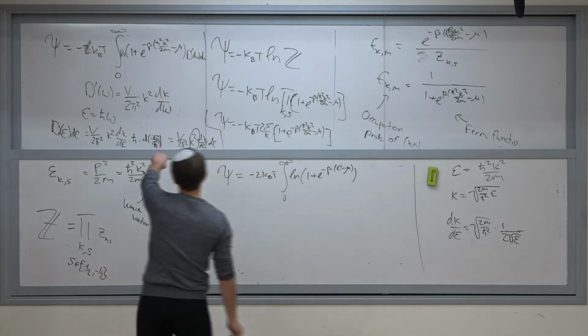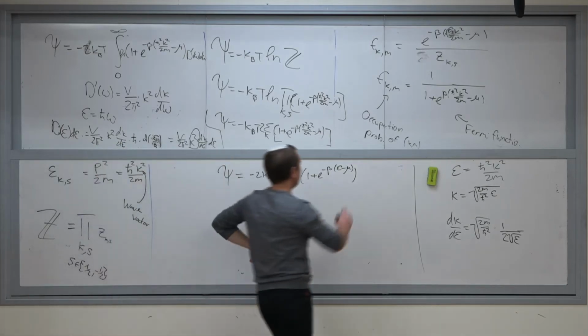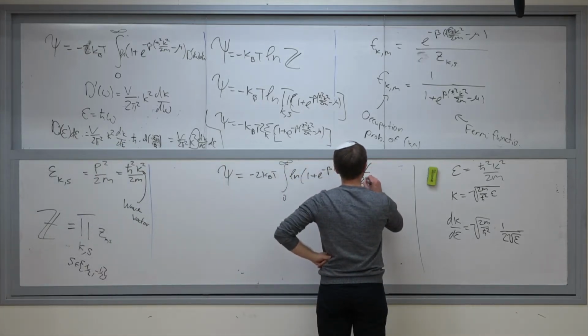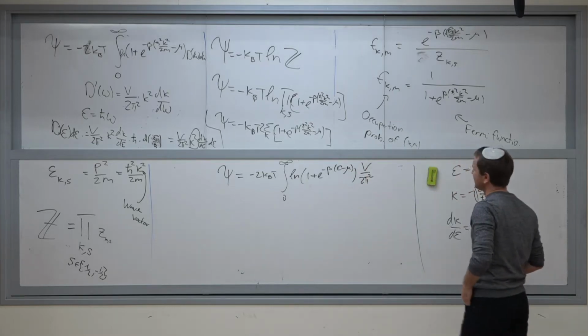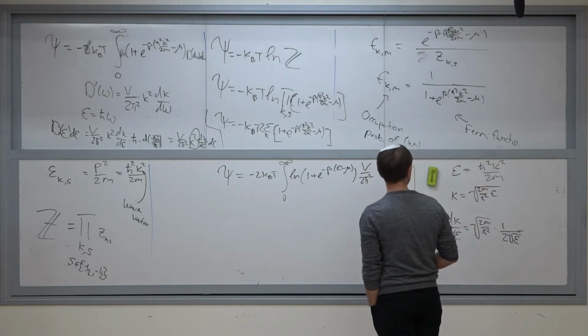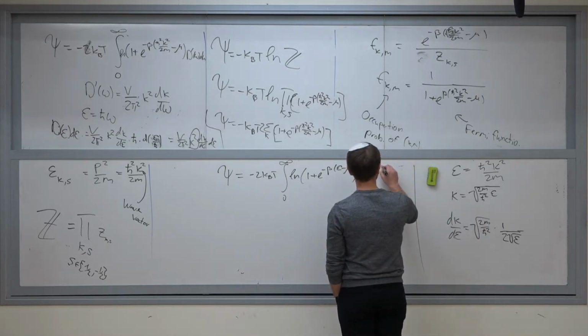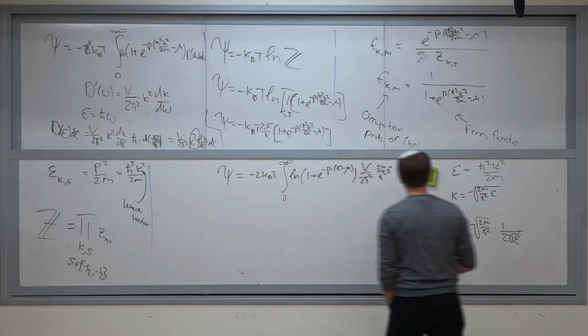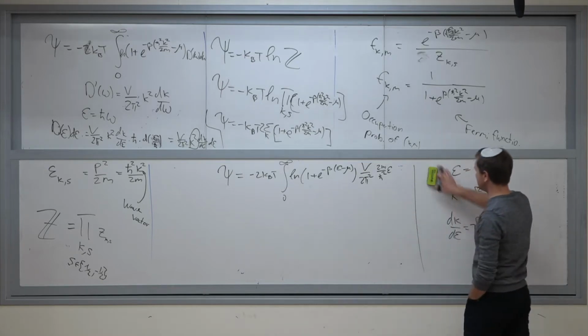Then I should multiply everything, but what stands over here? It is V divided by 2 pi squared. V is the volume of the metal that I'm trying to measure. K squared. What is K? K is the square root of 2m divided by h bar squared epsilon, multiplied by dk d epsilon.